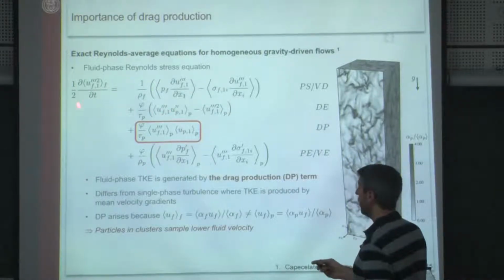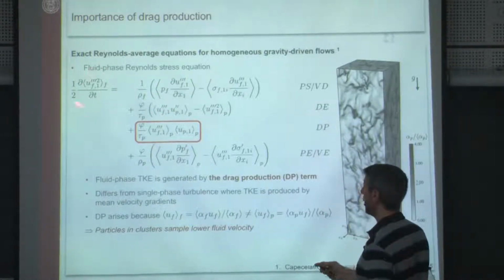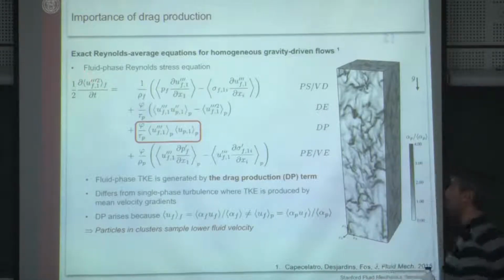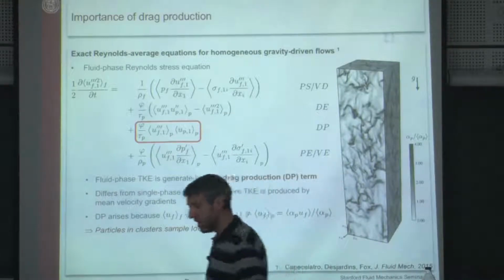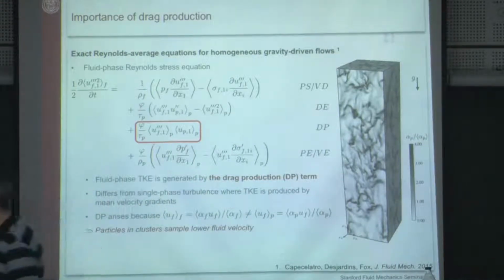What's going on? Well, I'll just highlight a couple of interesting features that the equations are teaching us. In particular, this is the evolution equation for the Reynolds stress in the vertical direction for the fluid. This equation shows that there's one very interesting term here. This term is a production of Reynolds stress, so production of TKE, if you will, in the fluid phase, coming from the drag.